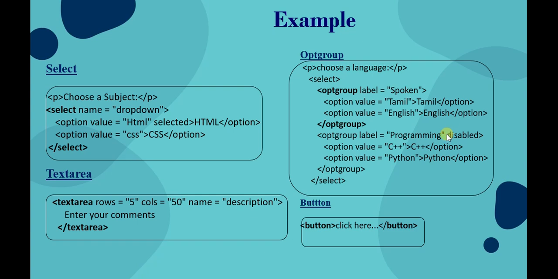Then here you can see a different word called disabled. Here I said selected, which means it is the default selected value. Before the user selects, it is automatically present there.